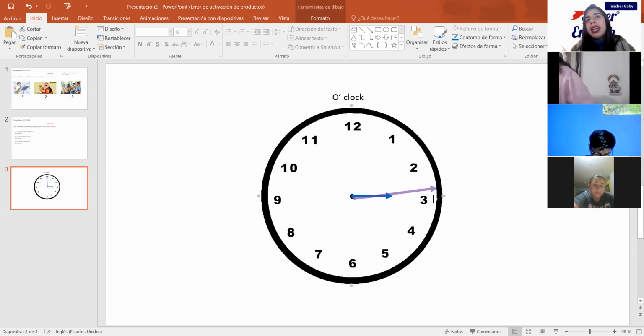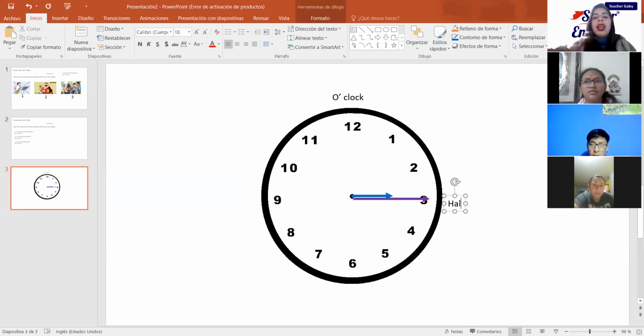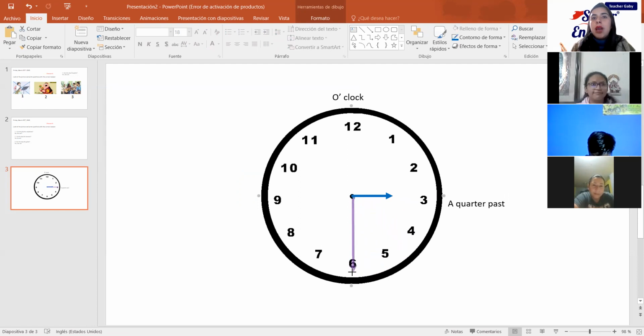When the long hand is at the number 3, you are going to use the expression a quarter past. That means que ha pasado un cuarto. When the long hand is at the number 6, we are going to use the phrase half past.